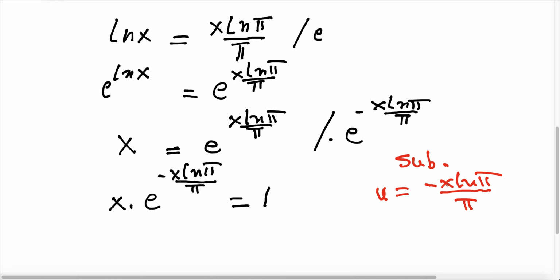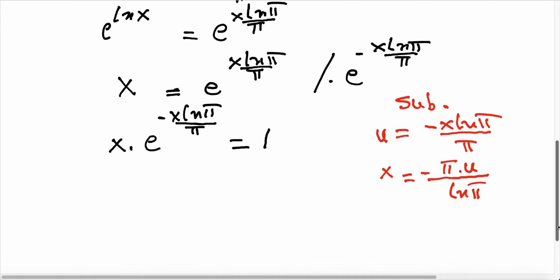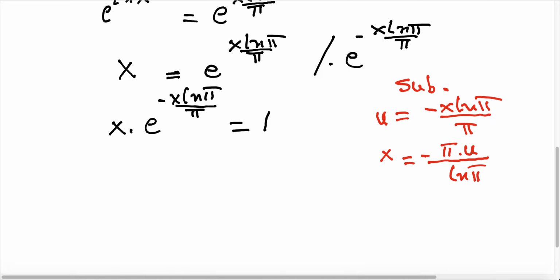If I want to solve this with respect to x, if we are doing a little bit of algebra, we can get x equal to minus pi times u divided by ln pi. So even intuitively we can solve this very quickly. And now whenever it's x, I am plugging this in, and whenever it's this form, I'm writing u.